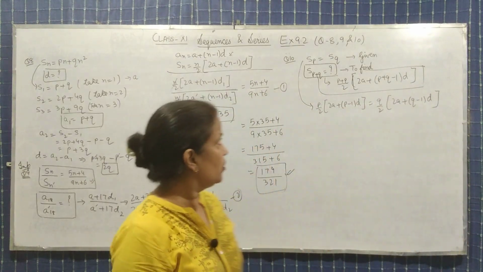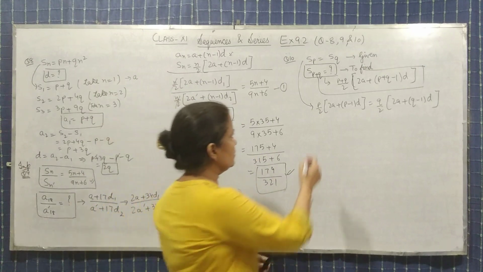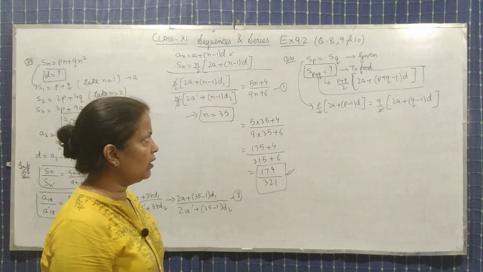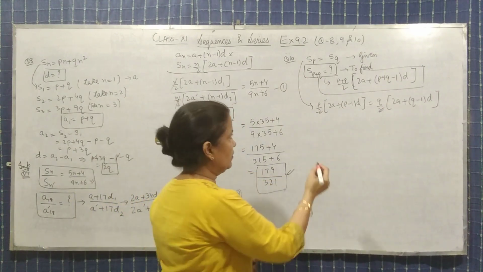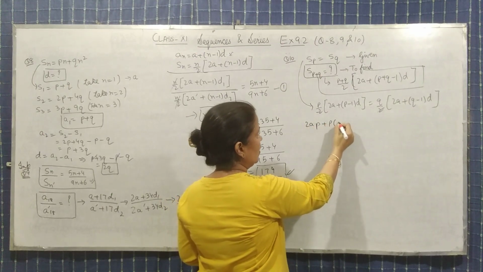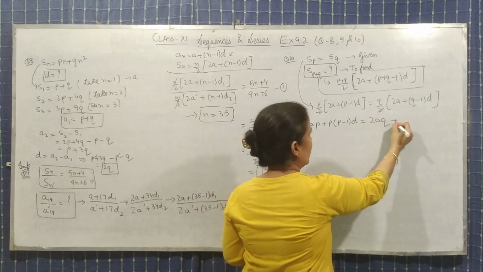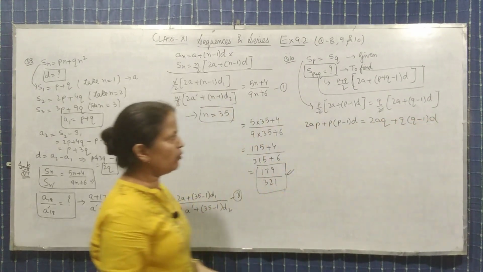So from here we will try to go further. This cancels. If you solve it further, what do you get? 2ap plus p(p minus 1)d equals 2aq plus q(q minus 1)d. This result you will get.